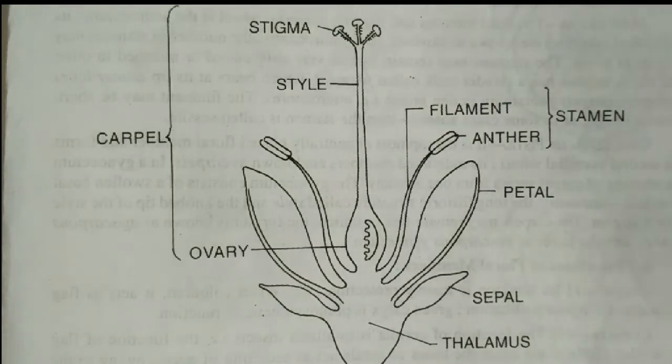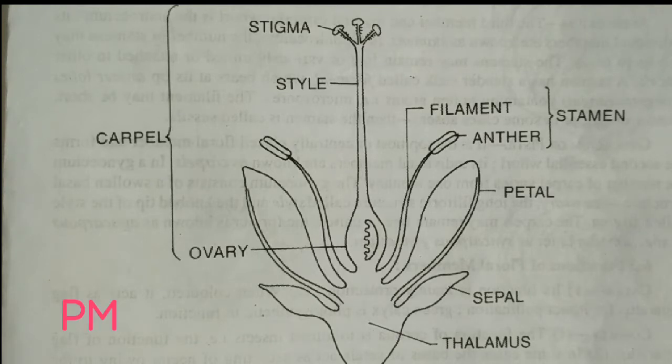So the interaction is dependent on two procedures. First is germination of pollen, meaning before elongation of the pollen tube, the process is known as germination, and after that, elongation of the pollen tube through the secretion secreted by the pollen tube and the secretion secreted by the style part.